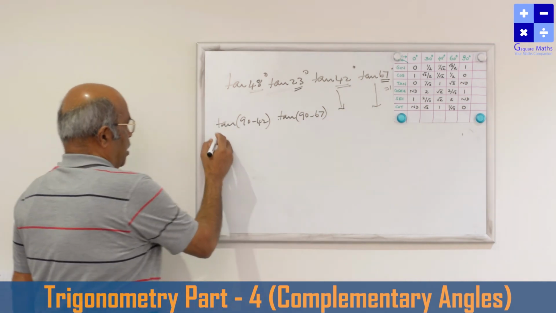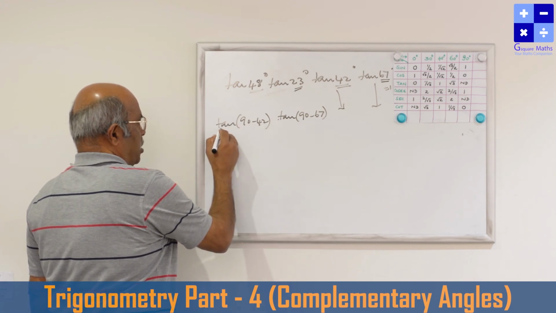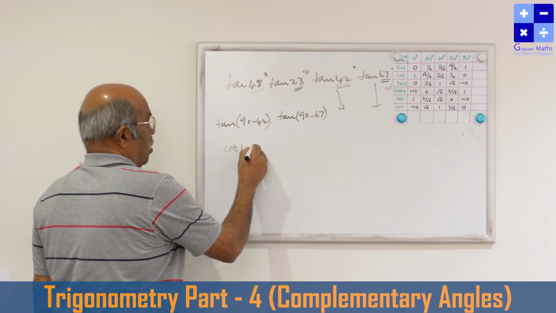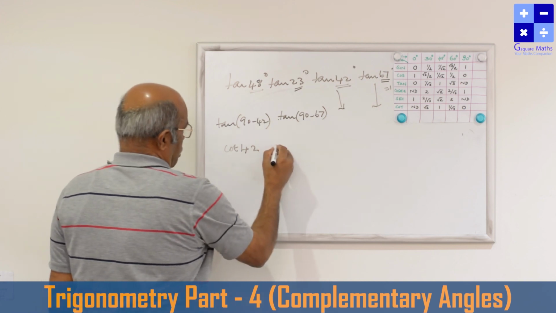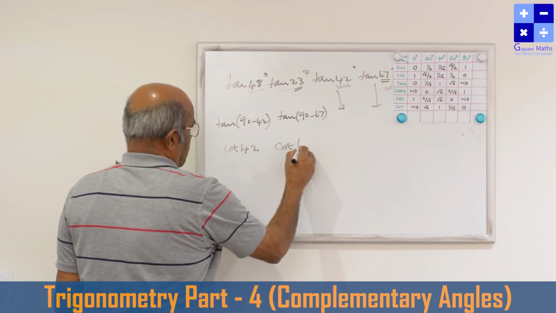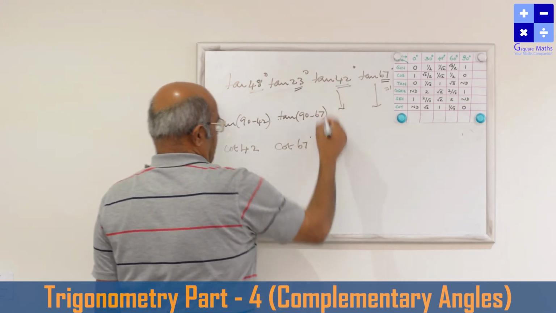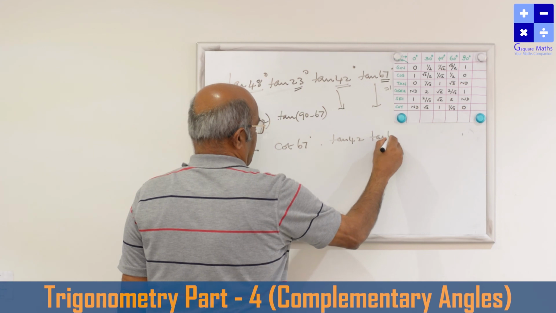So let us see that. Tan 90 minus 42, CO is not there. So add CO, it will become cot 42. And this also cot 67. And the others remain as they are, tan 42 and tan 67.